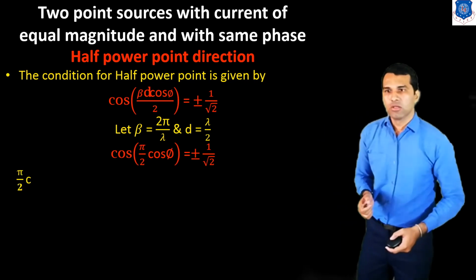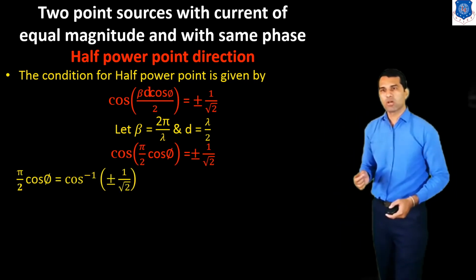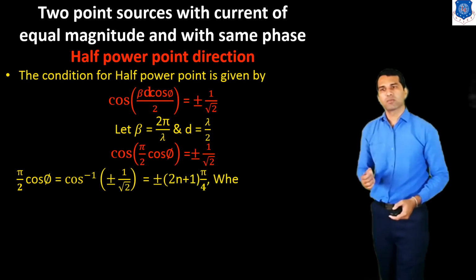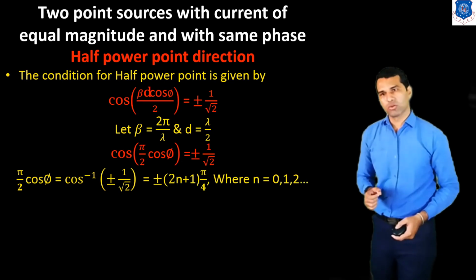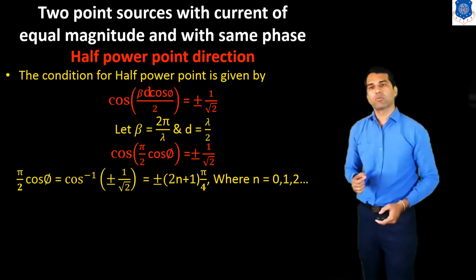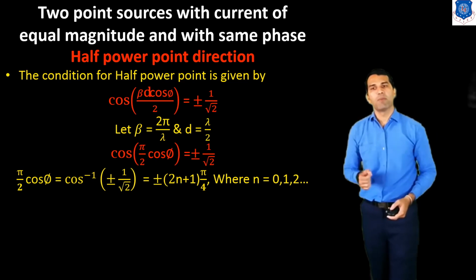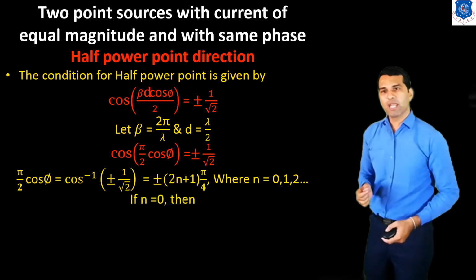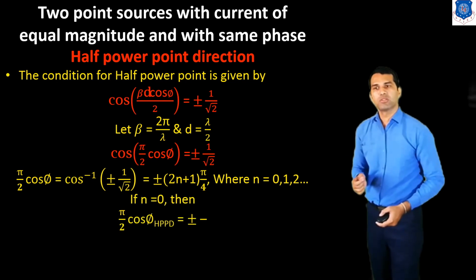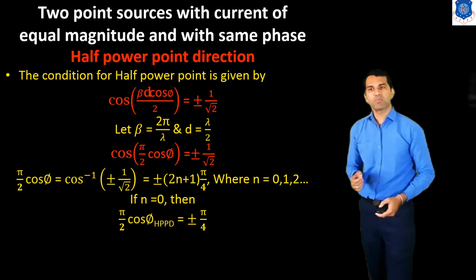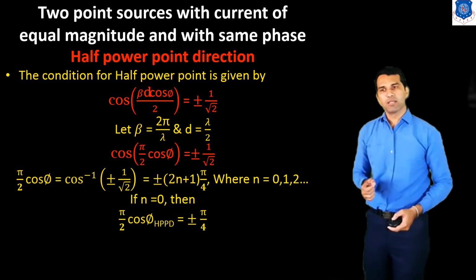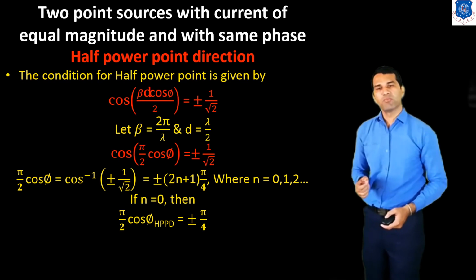So pi by 2 cos phi equals cos inverse of plus or minus 1 upon root 2, which is nothing but plus or minus (2n plus 1) pi by 4. Now we take n equals 0. So we write pi by 2 cos phi half power equals plus or minus pi by 4.